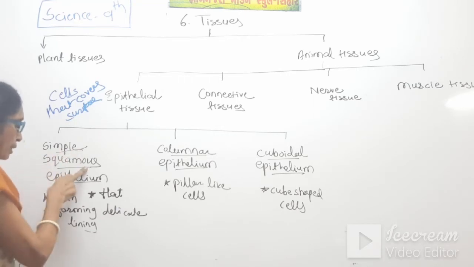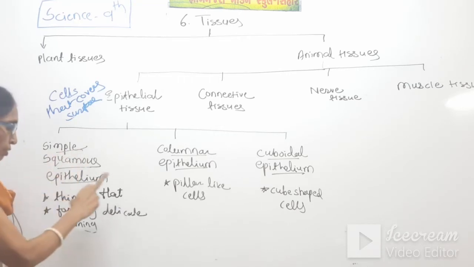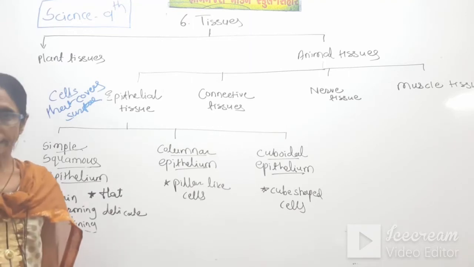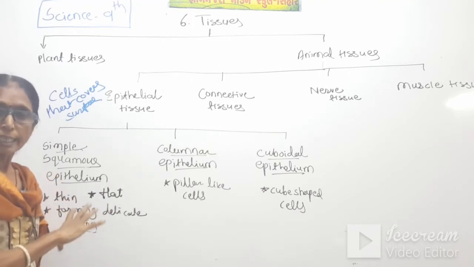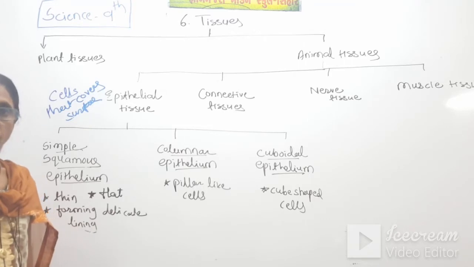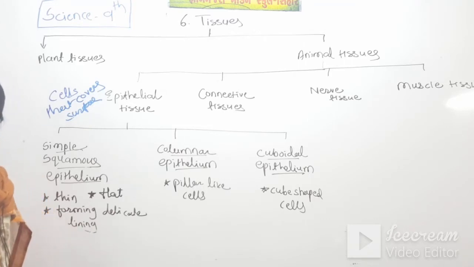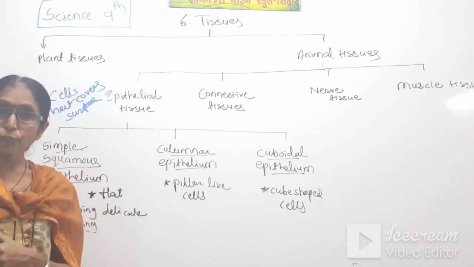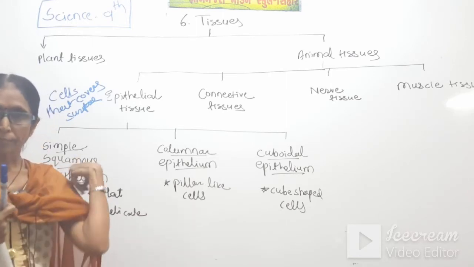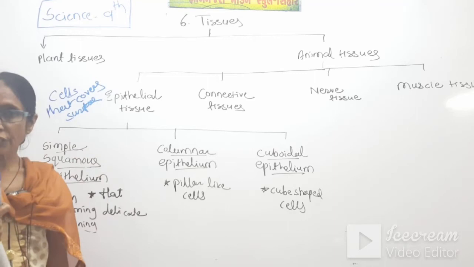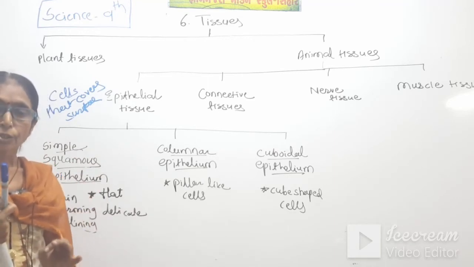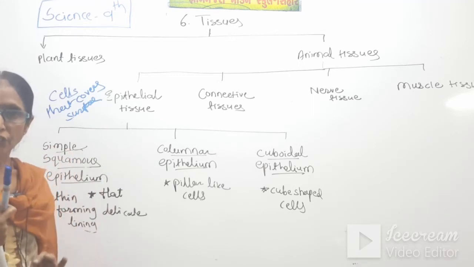Here squamous epithelium cells are thin, flat and form a delicate lining. So this is the structure of epithelial tissues. Students, keep in mind, what is tissue? Tissue is a group of cells similar in structure that work together to perform a specific function.